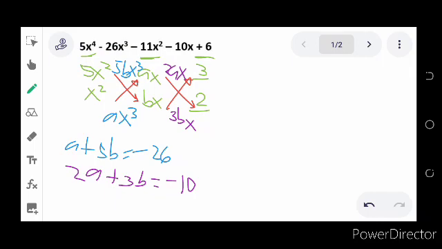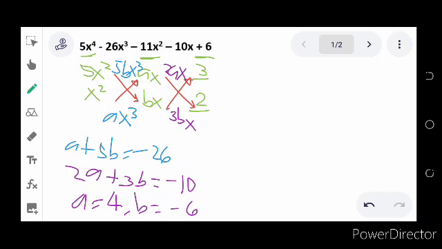To solve for the values of a and b, you have to solve these two equations simultaneously. I will not show the solution; it is up to you, but when we solve this, we come up with a equal to 4 and b equal to negative 6.